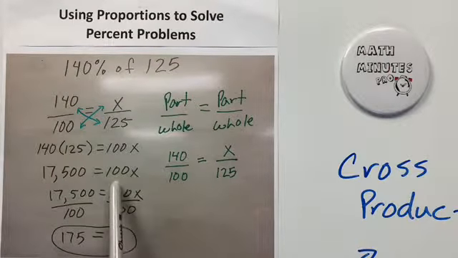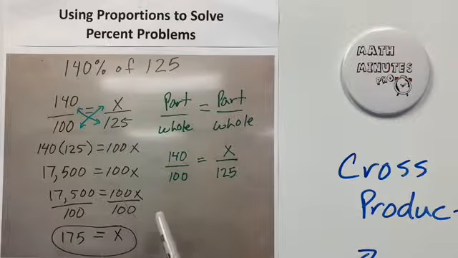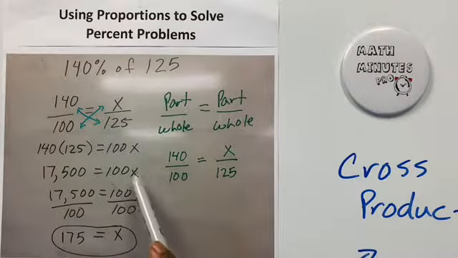To get rid of the 100, which is the coefficient of X, the opposite of multiplying by 100 is to divide by 100. So we write our line here, and we divide both sides of the equation by 100. This is referred to as the division property of equality. It's an inverse operation, the opposite of multiplying by 100.